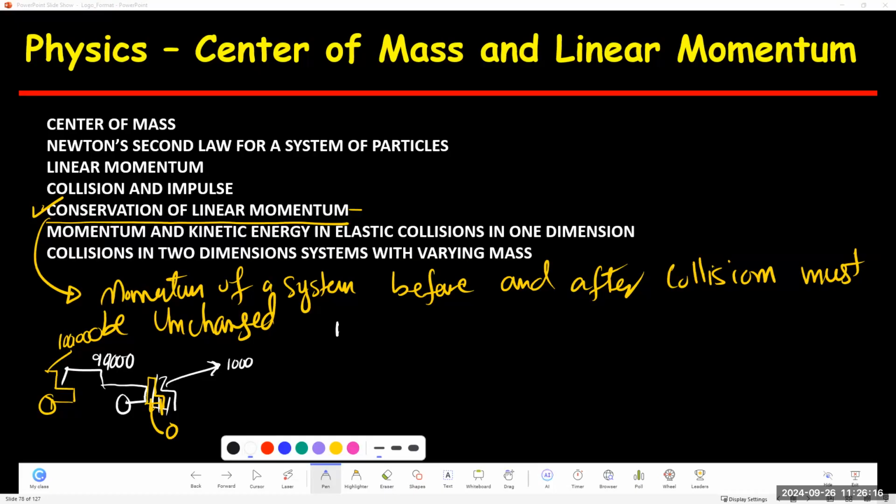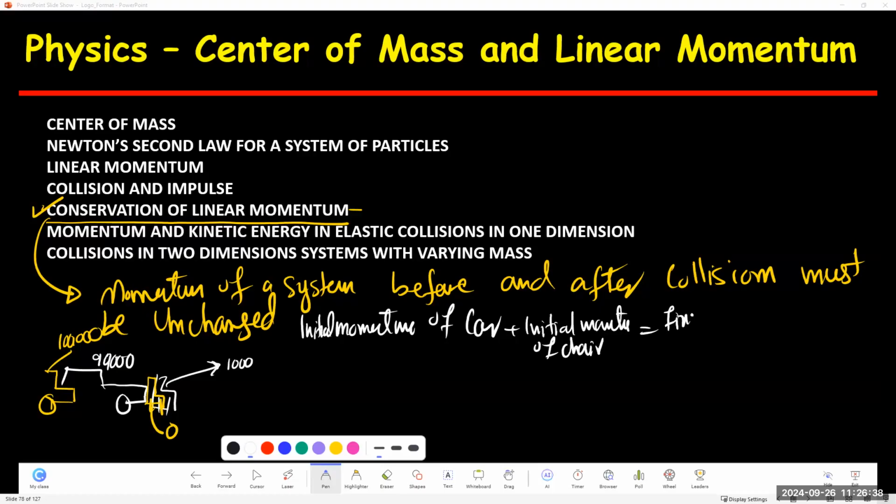So earlier I have momentum of car, or I can call it initial momentum of car, plus initial momentum of chair, must be equal to final momentum of car plus final momentum of chair.